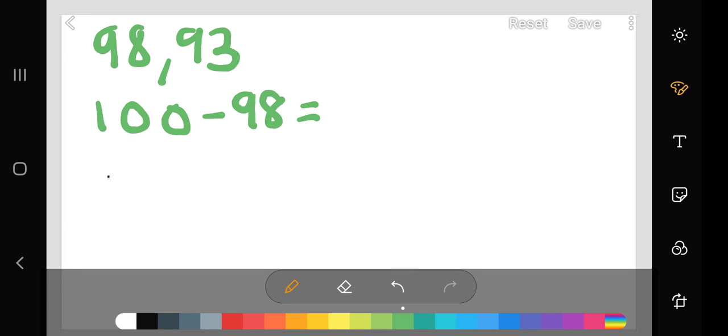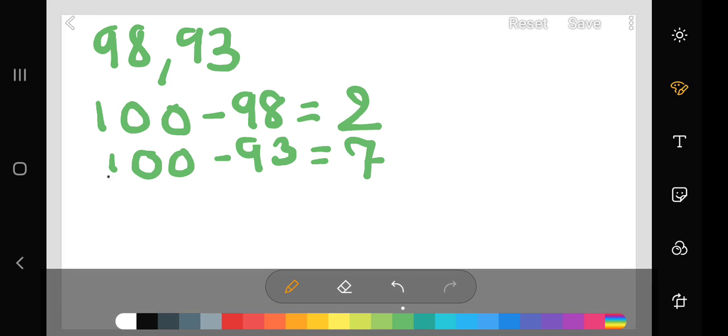So 100 minus 98 is equal to 2 and 100 minus 93 is equal to 7. Now here we will put a minus sign which denotes that 98 is lesser than 100.